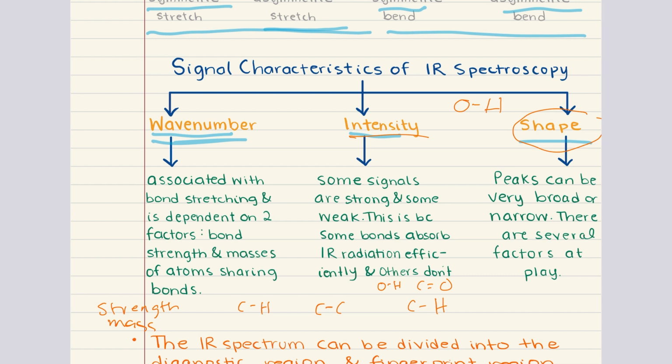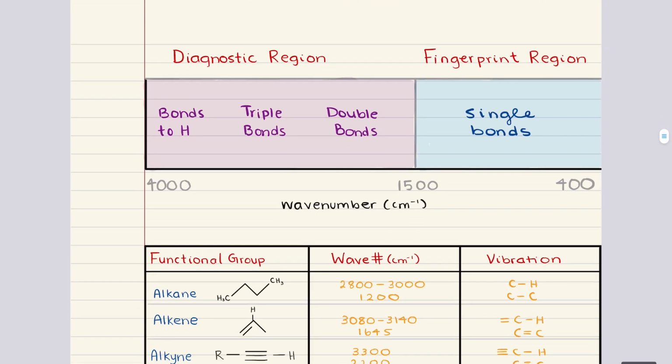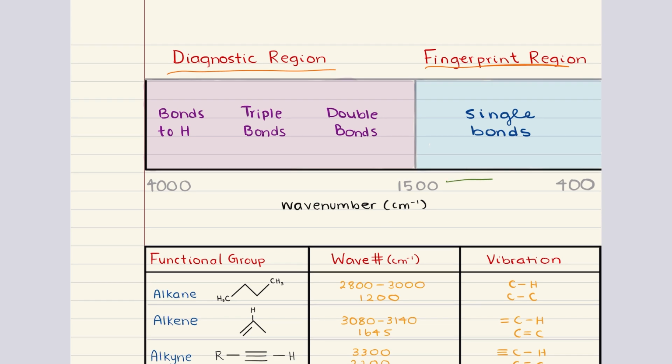So with these characteristics in mind, we can now divide the IR spectrum into 2 main regions: the diagnostic region and the fingerprint region. Below 1500 wave numbers is the fingerprint region.